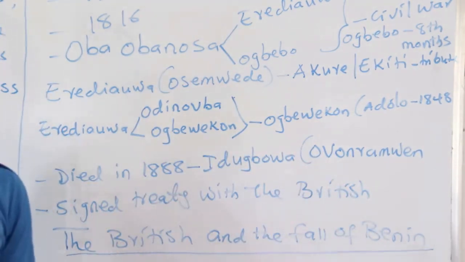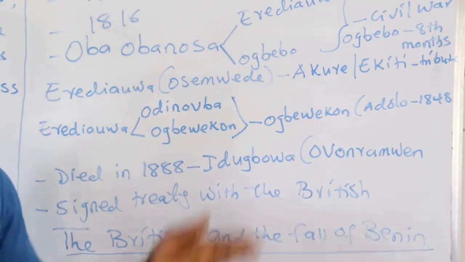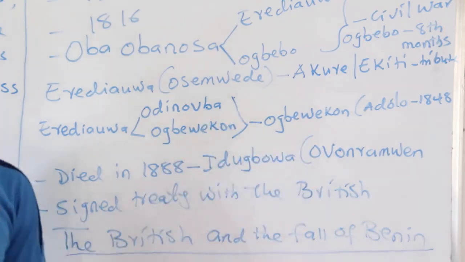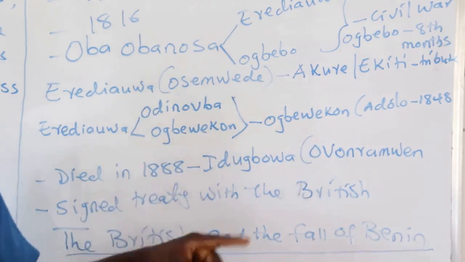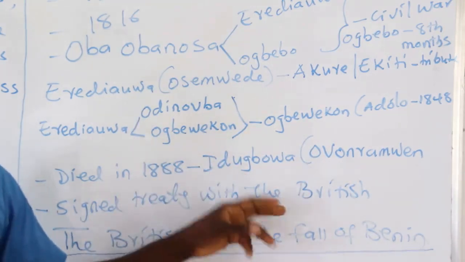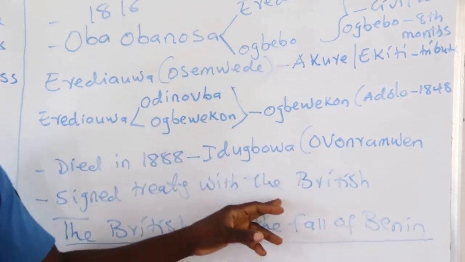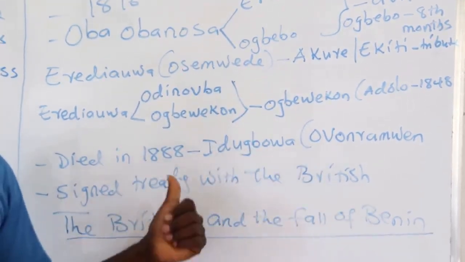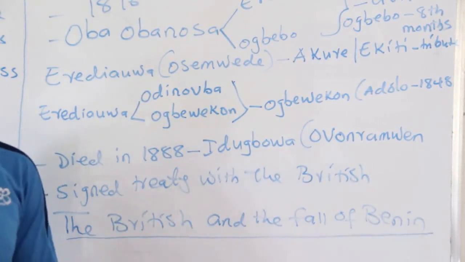This time around, it was not just for trade, but they came in order to colonize the kingdom. Now, because of that, the British people forced or compelled the king to sign a treaty of protection with them.